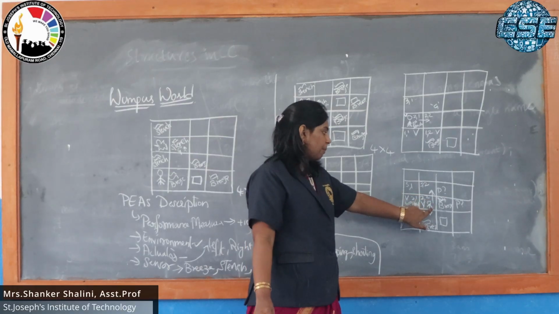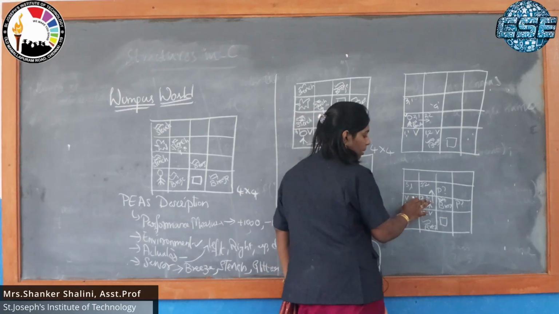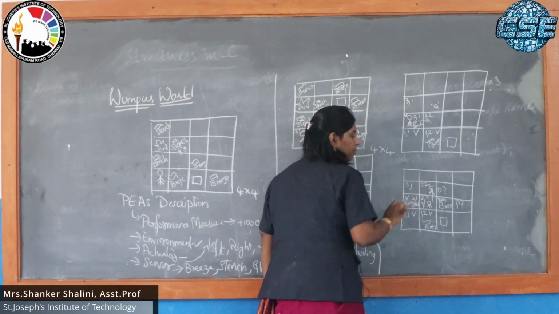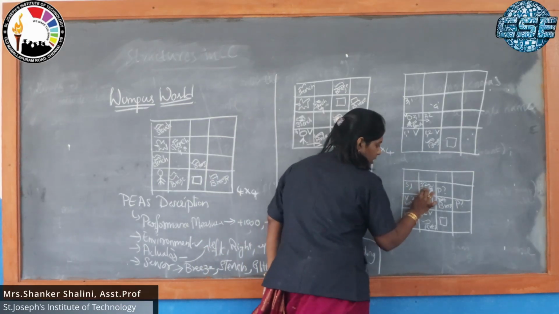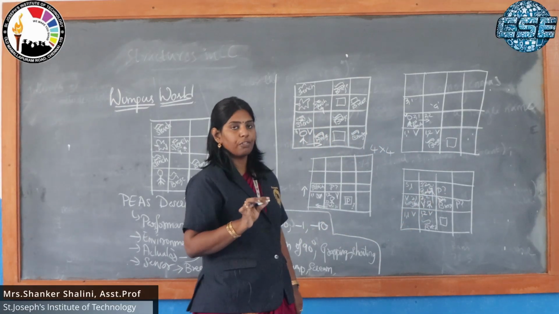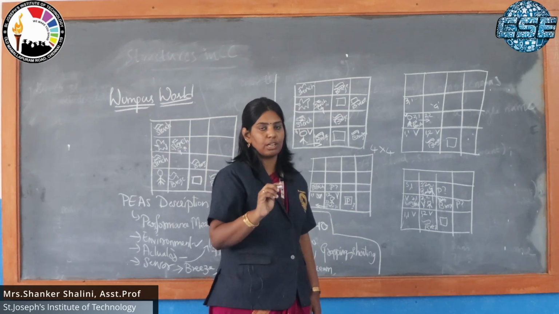The agent will take the next step, moving forward, making (2,2) visited. The agent will move from (2,2) to (3,2). If the agent moves to (3,2), there is gold inside (3,2), and there is also a stench. But what is our goal here? The goal of the agent is to collect the gold and return to its original position.